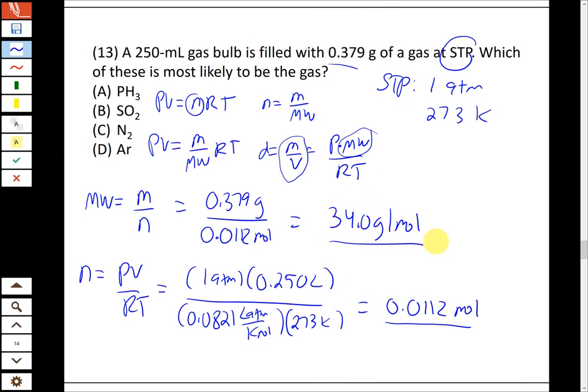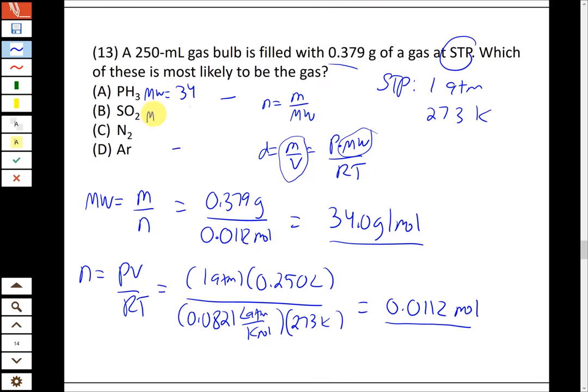Okay, so that's the molar mass that we get, and we just have to figure out which of these four substances has a molar mass that's closest to 34, and that's going to identify which one it is. For PH3, the molar mass is about 34.